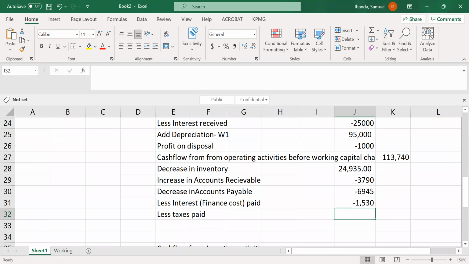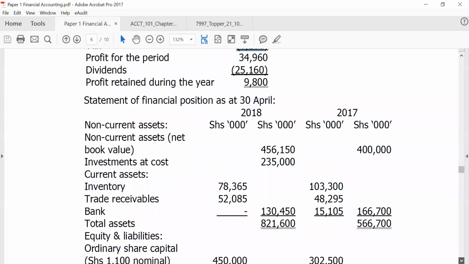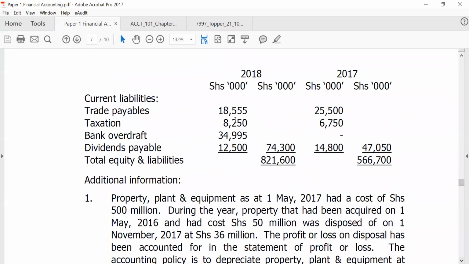When you look at our question here, we have the tax, this 8250. But when you go to the balance sheet, we also have taxation. We have this as the end of 2017, and we also have this for 2018.